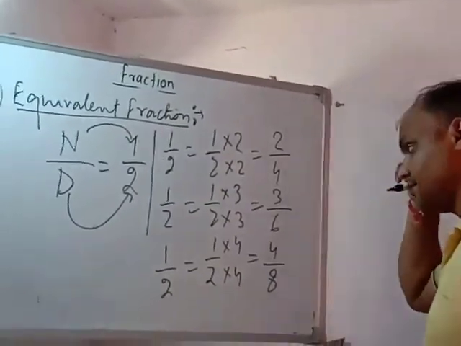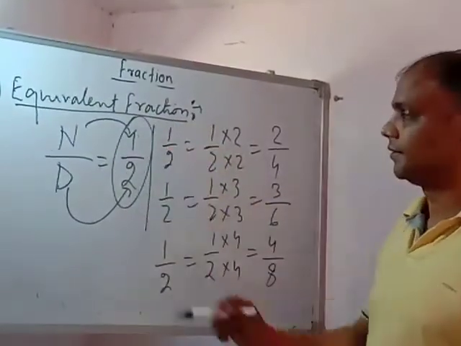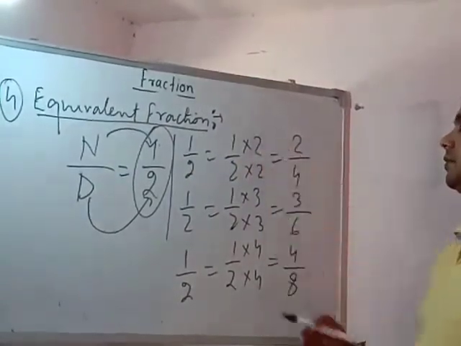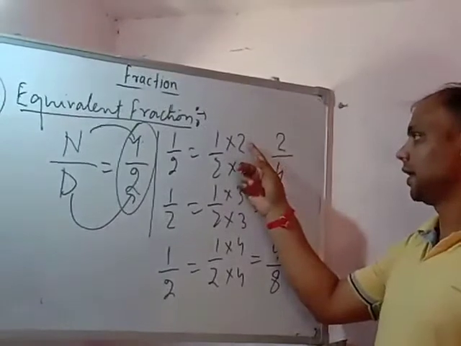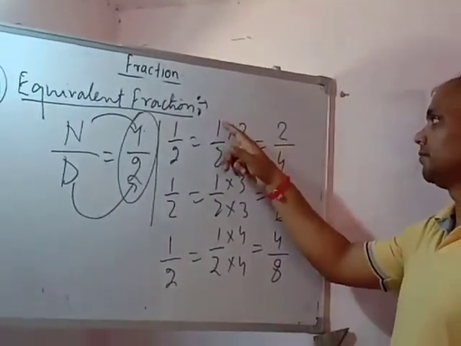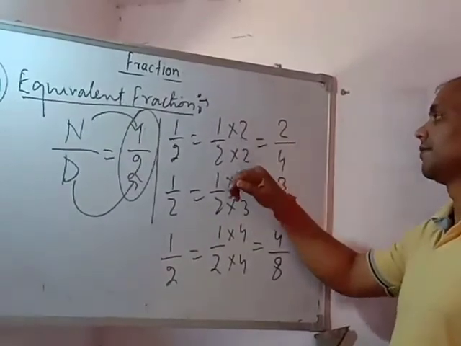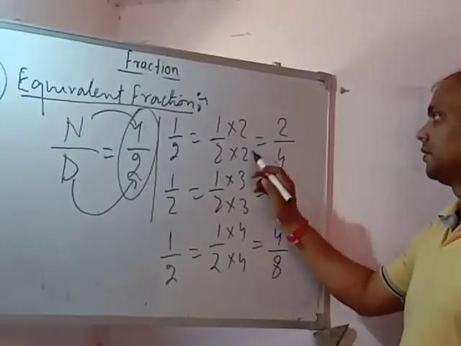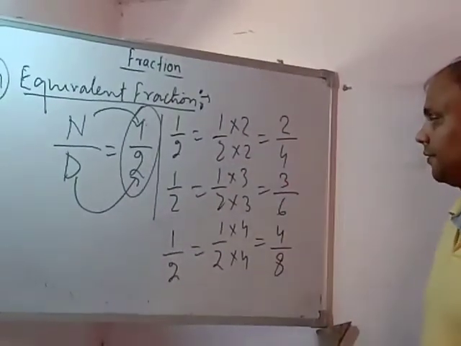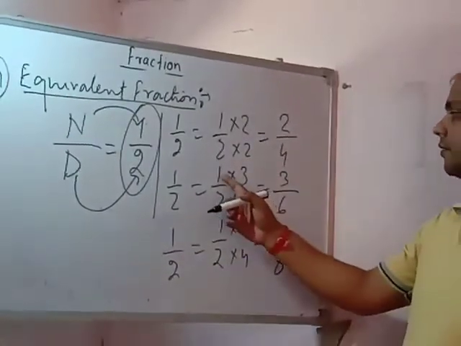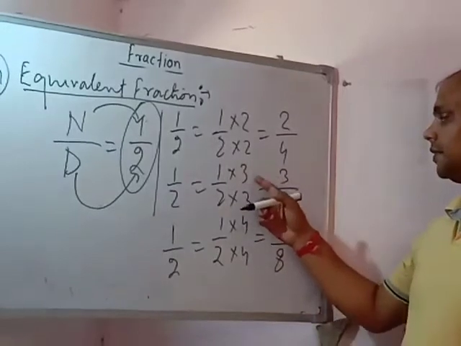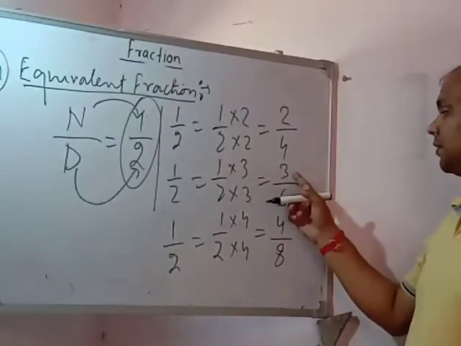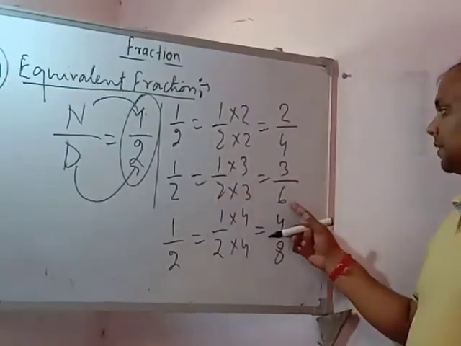Here 1 by 2 is multiplied by a non-zero whole number, here I have taken 2, and the same number should be multiplied in both numerator and denominator. 2 times 1 gives 2, and 2 times 2 gives 4. Next, 3 times 1 gives 3, and 3 times 2 gives 6.